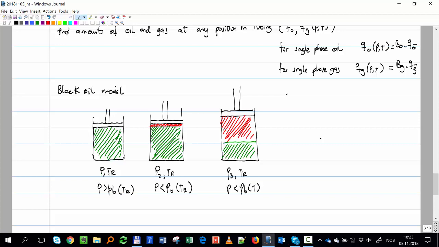We repeat that experiment all the way until standard conditions, P standard and TR. And here we have a little bit of oil.